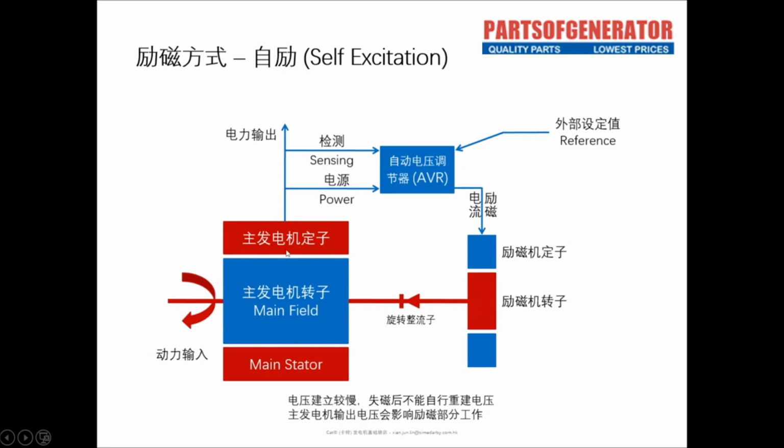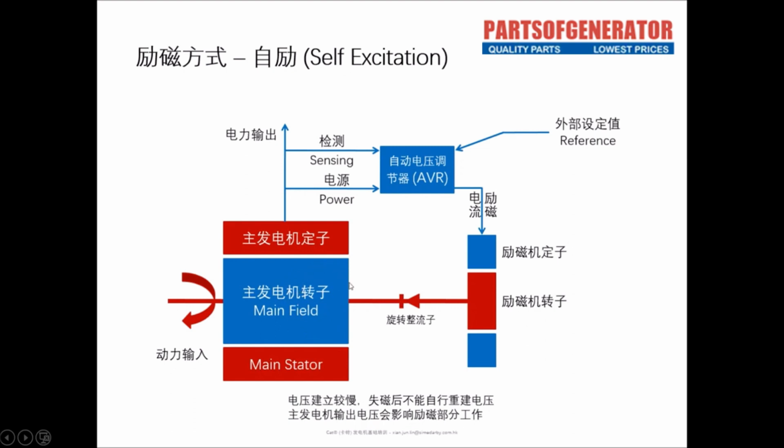In addition, it also has a disadvantage. That is, the voltage builds up slowly, because when our engine first starts to rotate, the voltage of the main generator stator should slowly rise and wait until it rises to supply power to the AVR.